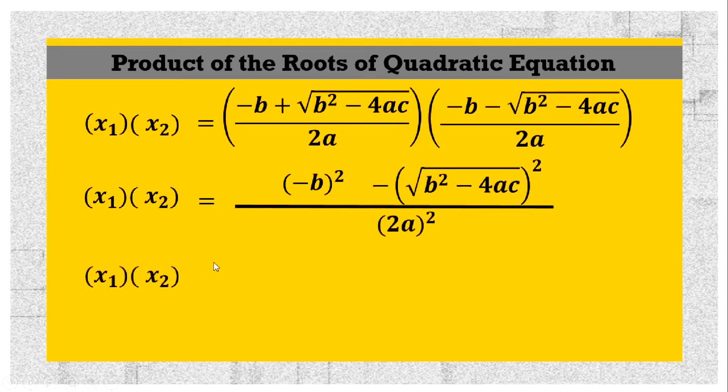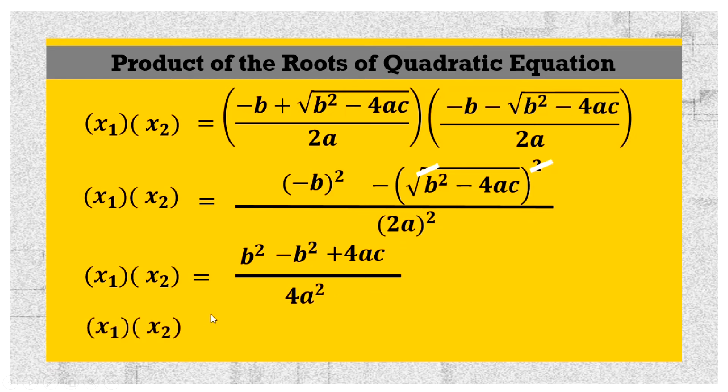Then simplifying, we have, so negative b squared is b squared. Then makakancel ang ating radical sign dito and yung exponent na 2. So we'll be having b squared minus 4ac times negative. So that is why we have b squared times negative is negative b squared. And negative 4ac times negative, we have positive 4ac. All over our denominator, 2a squared is 4a squared.